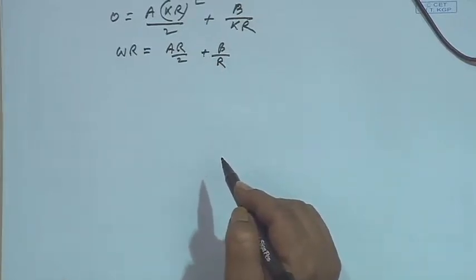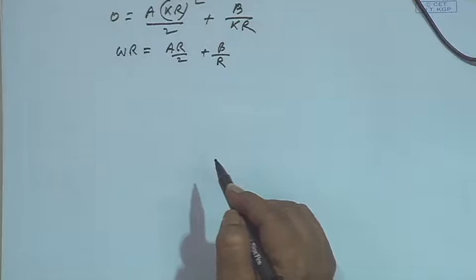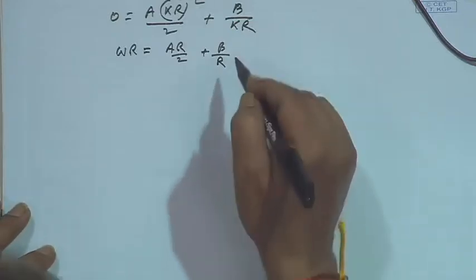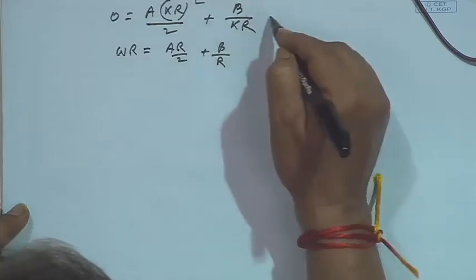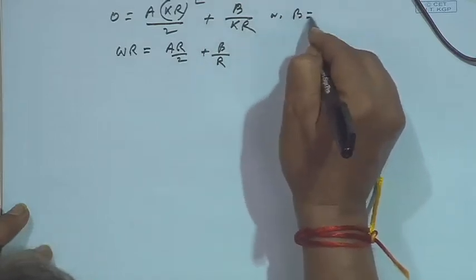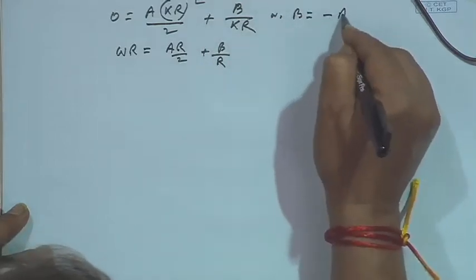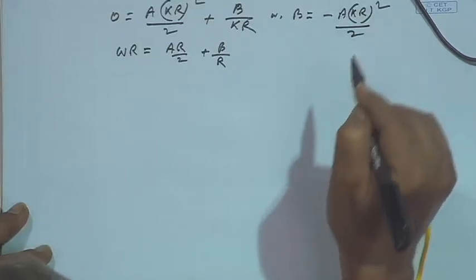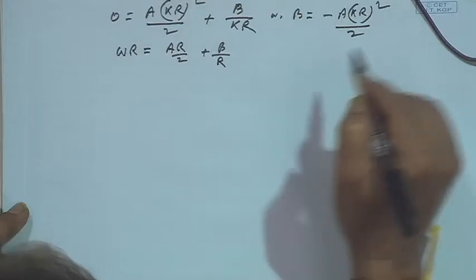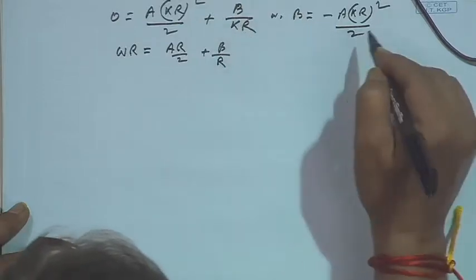So, if we take B, from here we can write B is equal to minus A kR whole square by 2, divided by kR.